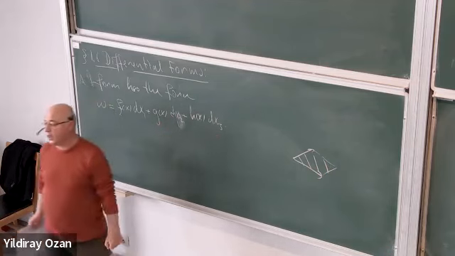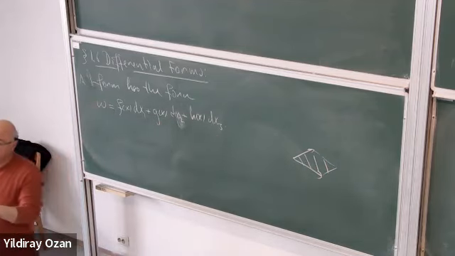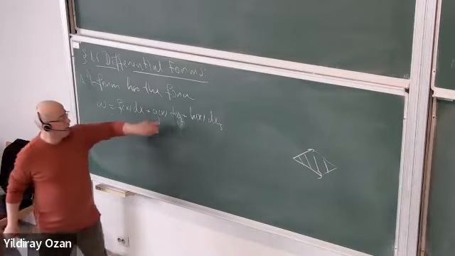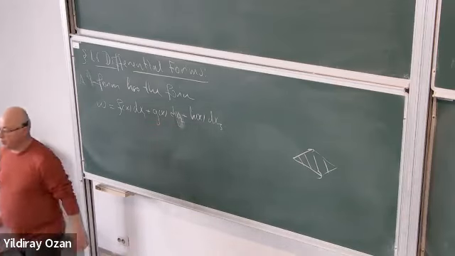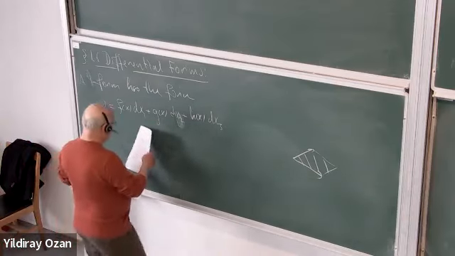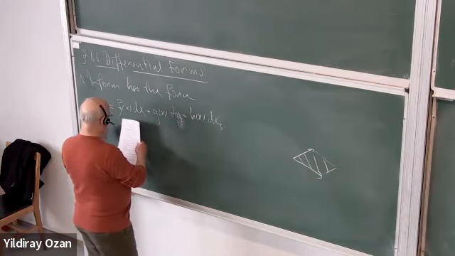So two forms are objects like that. They measure parallelogram areas and multiply them with some constants. Let me start.